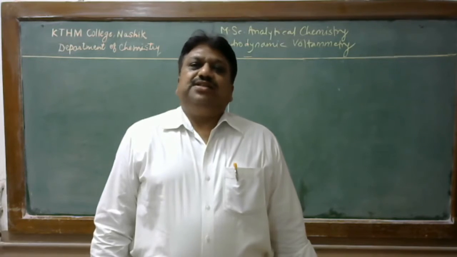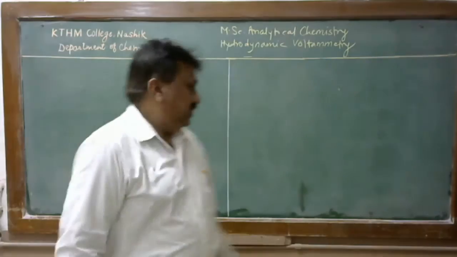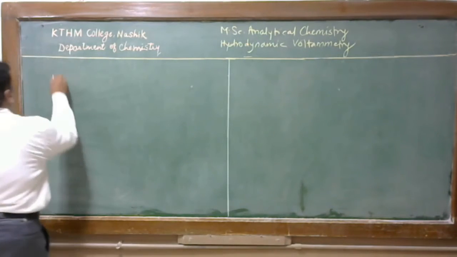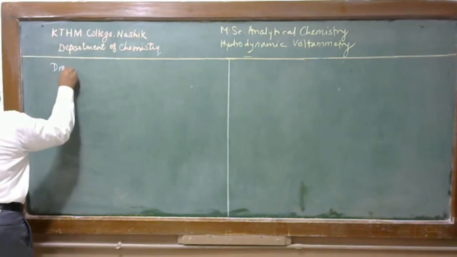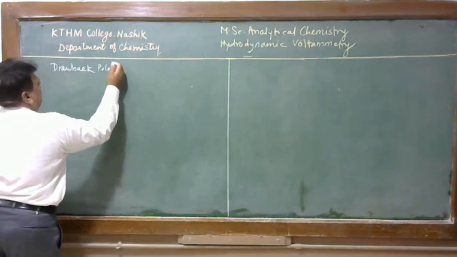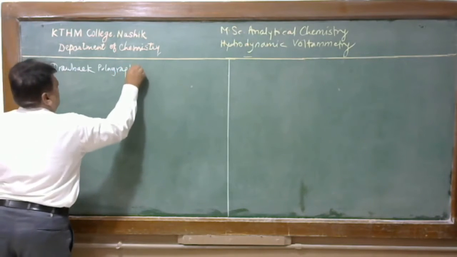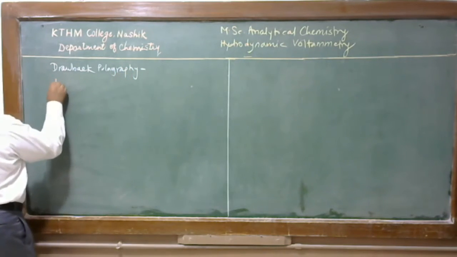Student, in previous lecture we discussed the drawbacks of polarographic analysis. One of the most important drawbacks of polarography is related with the growth of mercury drop in DME.